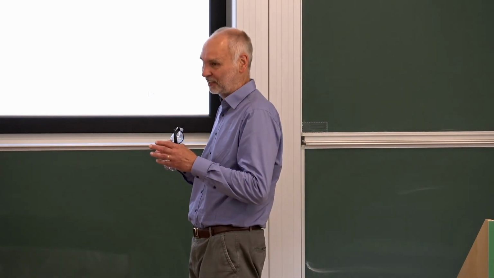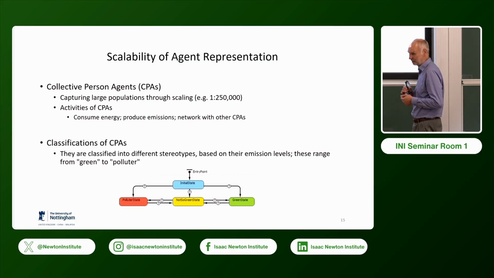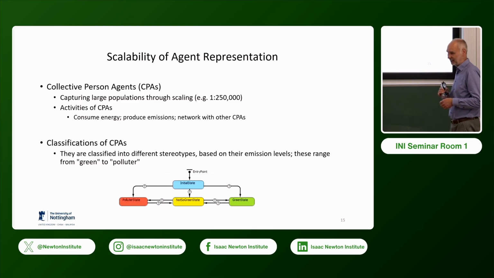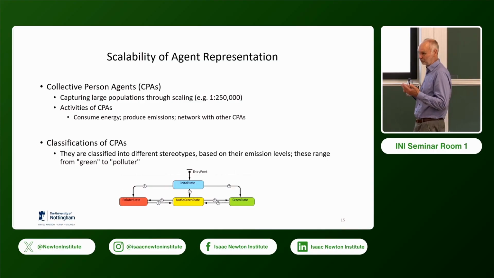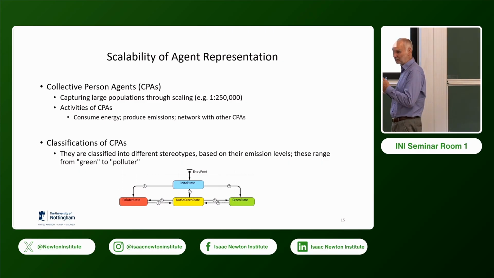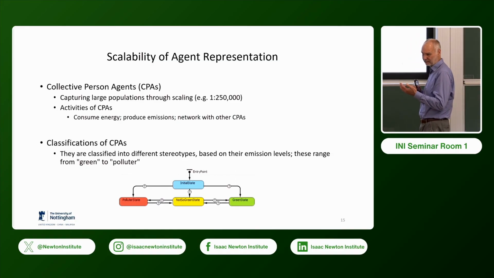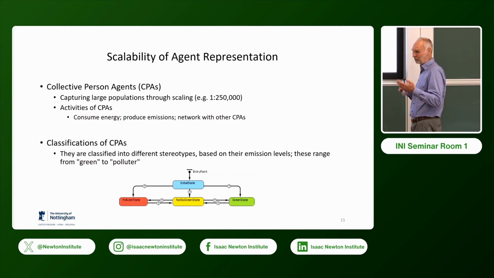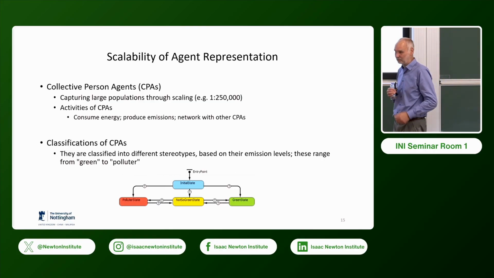So instead of representing each individual, I have a group that has a mission statement, like I mentioned before. And in this way, I can model the population of the whole of the US, and the decisions they make as a group, because each individual would make a similar decision, will then allow me to see what the pollution is.